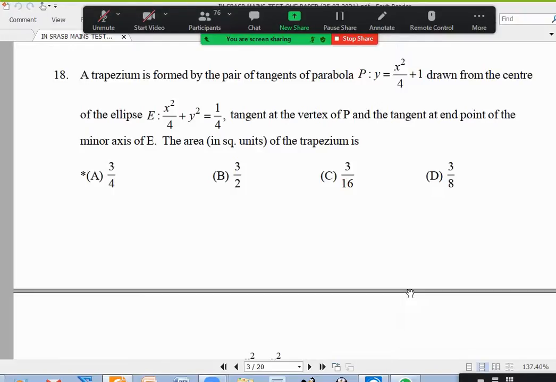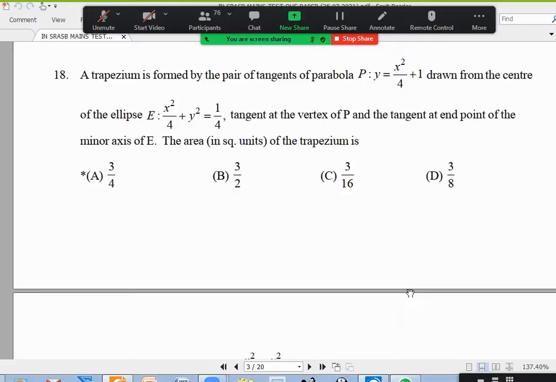Now from this center, you have to draw two tangents. Tangent at the vertex of P, that is the horizontal line.